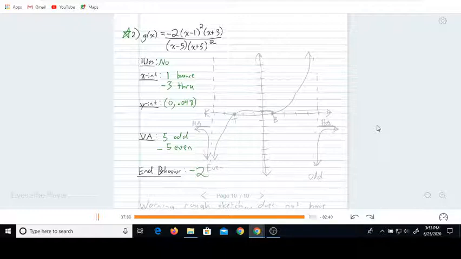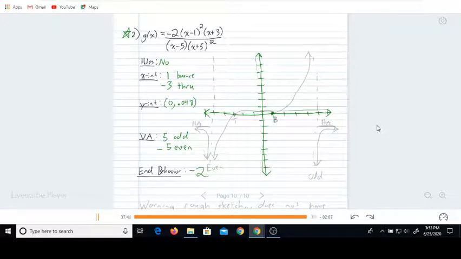All right, let's go ahead and sketch the graph. We'll go ahead and draw the Cartesian plane here. All right. So x-intercept at 1, it's going to bounce.